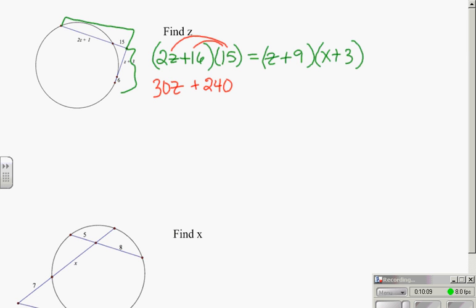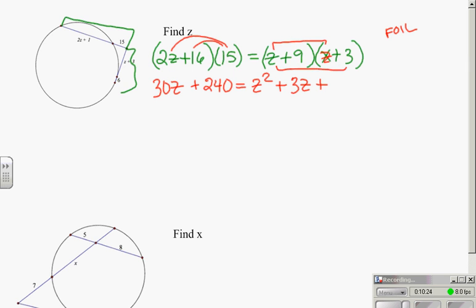This side over here is a distributive property, 30z plus 240.